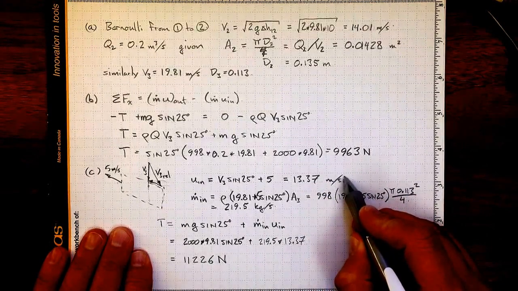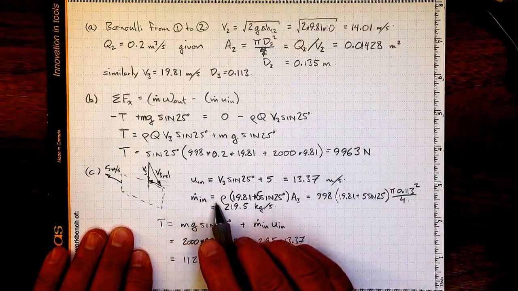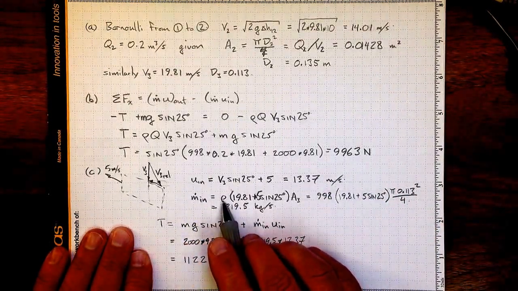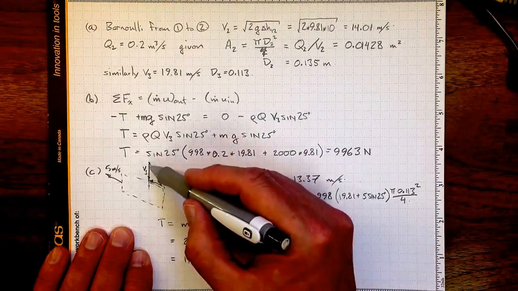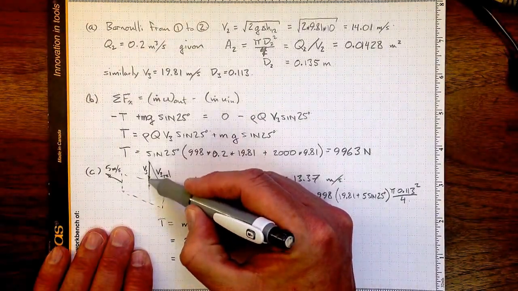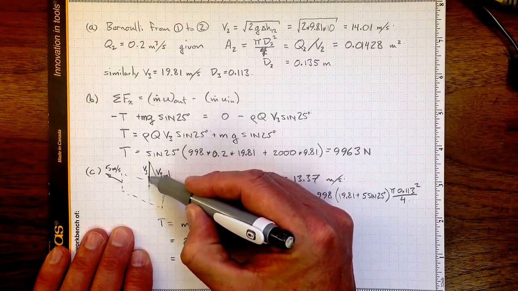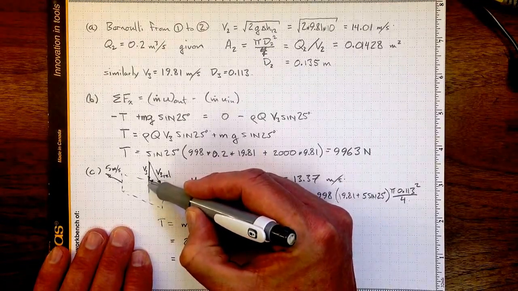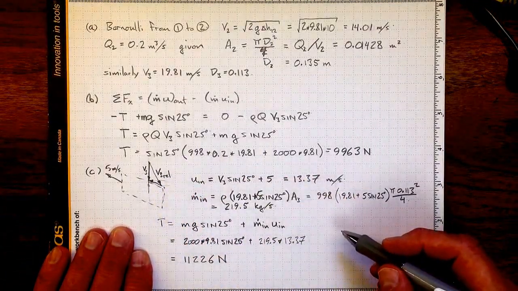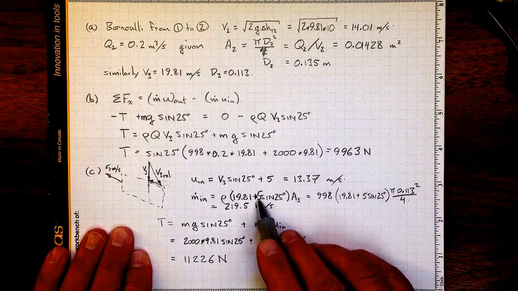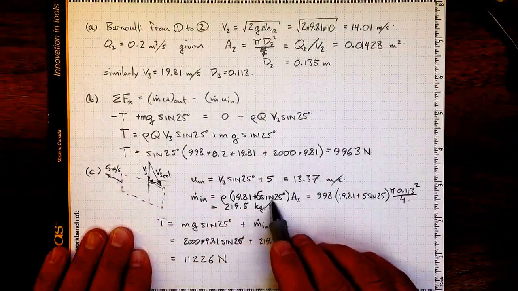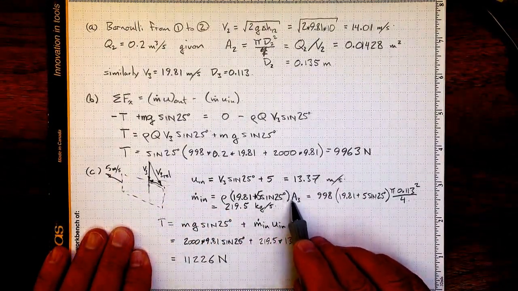13.37 meters per second. The mass flow coming in is the density times the velocity at which the jet is coming downwards plus the velocity at which the control volume is moving upwards. And that's the 5 meters per second times sine of 25 degrees.